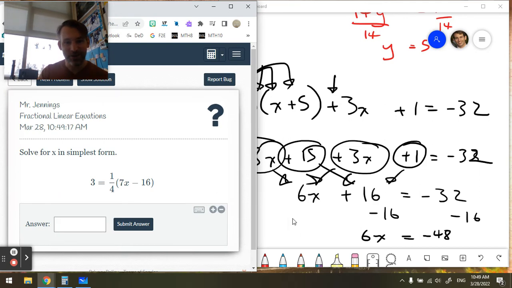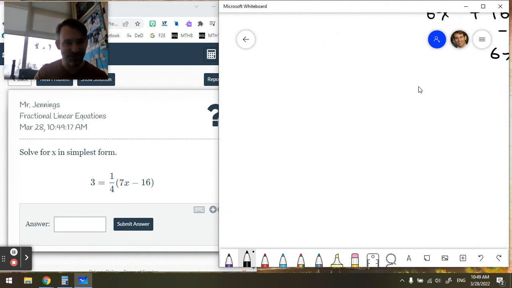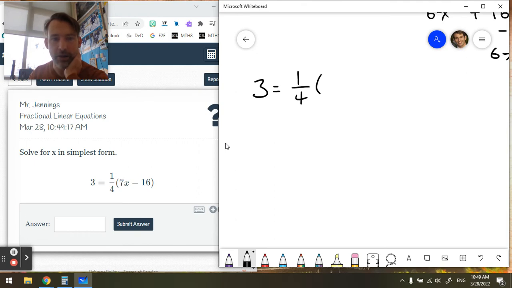Fractional linear equations. Aren't you lucky you get to practice your fractions today? These you can distribute in just the same way, but I'll show you a trick. I'll show you this one 2 ways. First I'm just going to do this as though it was one of the other questions. First thing I do is distribute this quarter in. I have to multiply it by both spots.